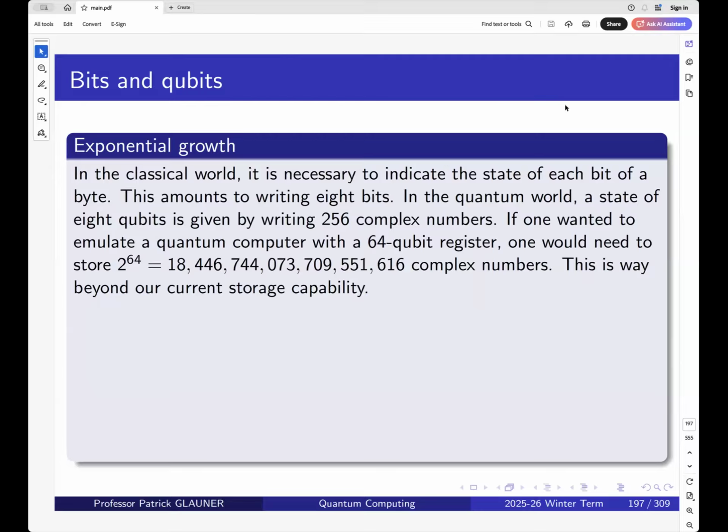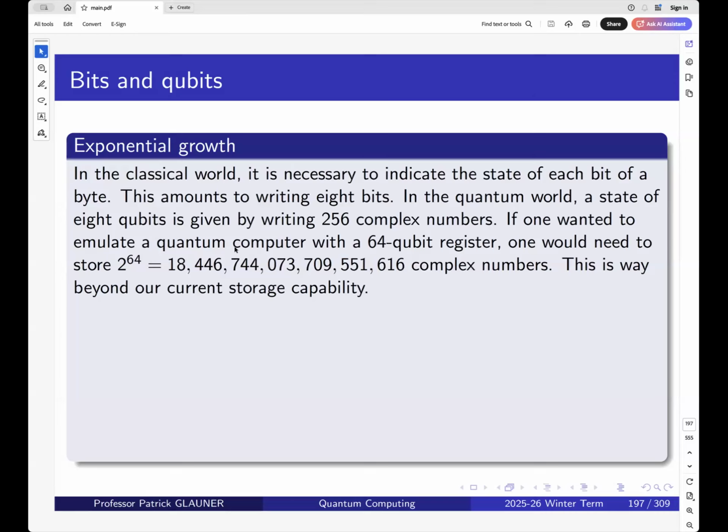Now, you could imagine, say, I'm not taking 8 qubits as a qbyte, but I'm taking 64 qubits, so a 64 qubit register. In order to represent this, I would need 2 to the power of 64, which is a very large number, and I would need that many complex numbers just to represent such a quantum system and then to simulate it.